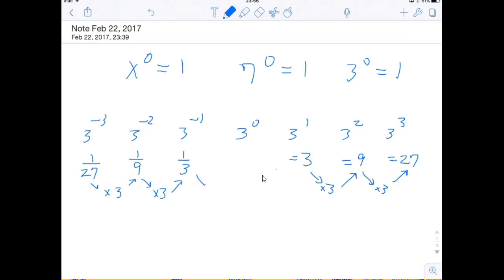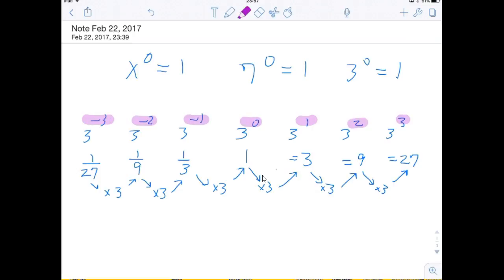So we can assume that if we wanted to continue this pattern here, we would multiply 1/3 by 3 and we would get 1. And the same thing, if we multiply 1 by 3 we get 3. So you see that we've completed the chain here. And we notice that the exponents also are going up by 1 every time.